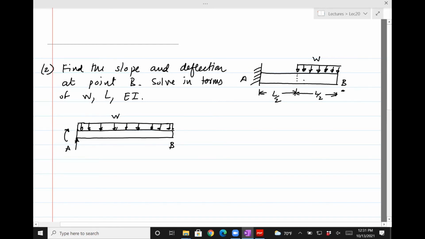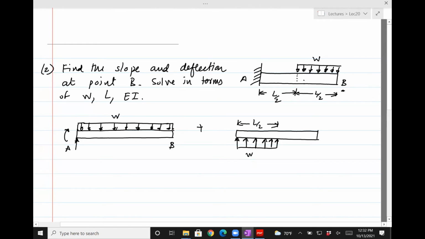Now the question is, we know the solution for this one from the table, but what other case can we solve such that the sum of this case, the one which I showed you, plus something else gives you this loading? And you can see that if you do it this way, you take this load W and you put it downwards over a distance of L divided by 2, right?